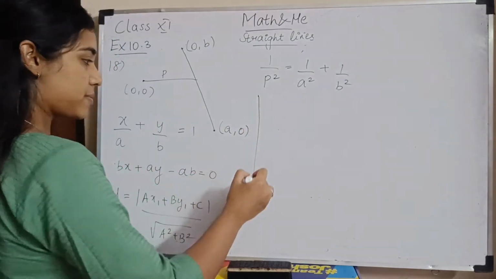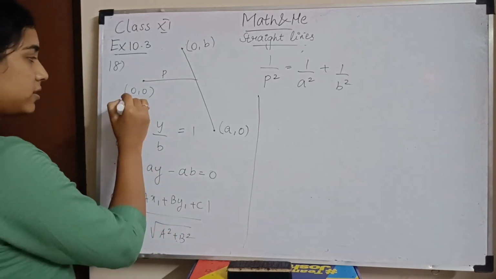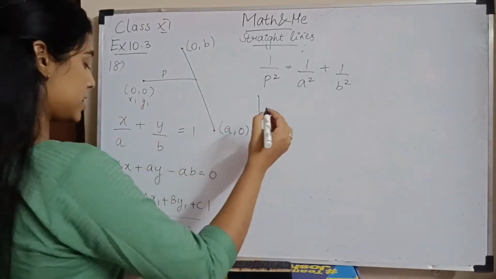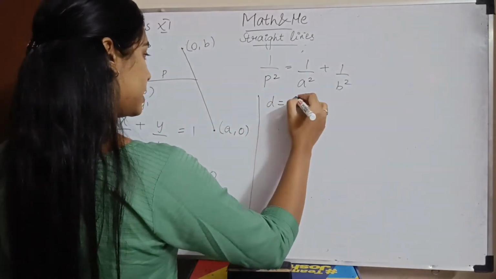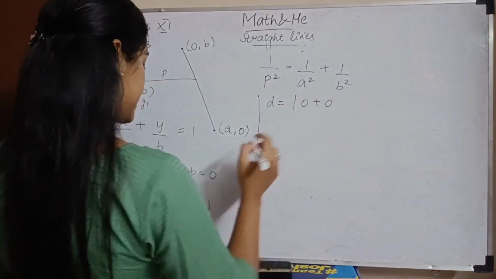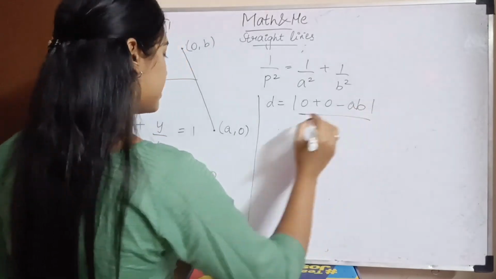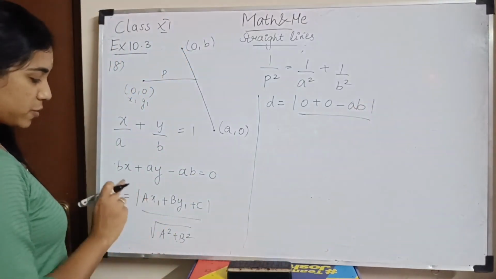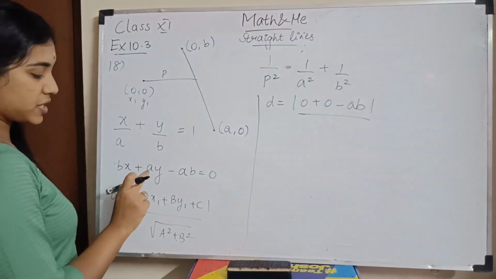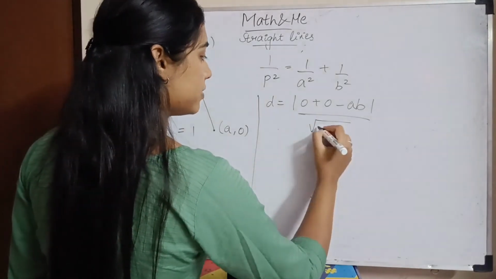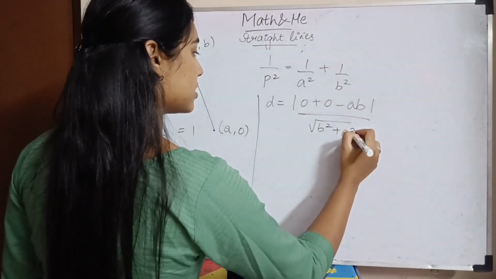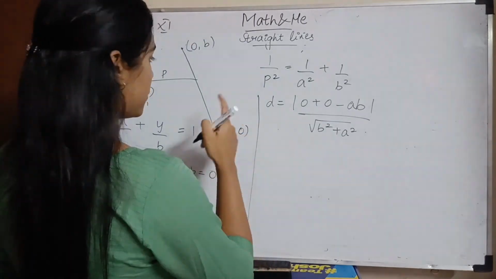Okay? So when I substitute x1, y1 as (0, 0), I have the distance equals 0 plus 0 minus ab divided by root of a square plus b square. What is your a square plus b square? It is b square plus a square. What is my distance?